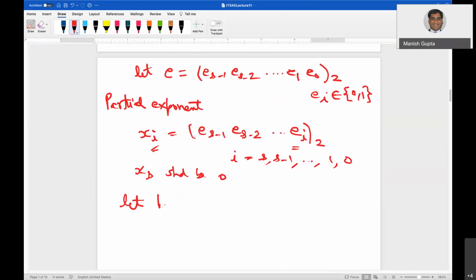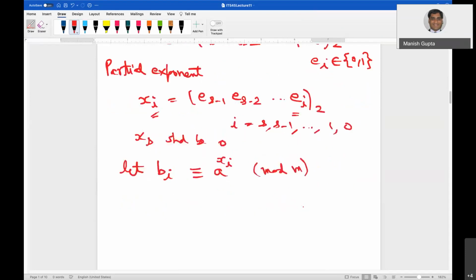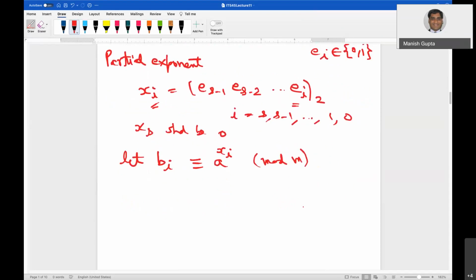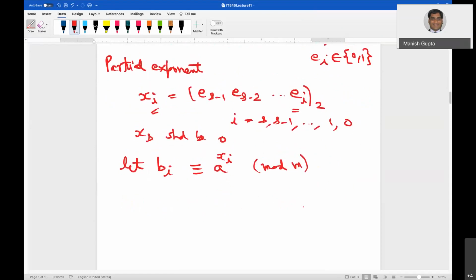Now let bi, I am defining another expression, bi is congruent to a raised to power xi. This partial exponent if I raise mod m, then what will happen? I am going to show you now how this squaring and multiplying is an easy way to describe all the operations. So let bi be a raised to xi mod m.